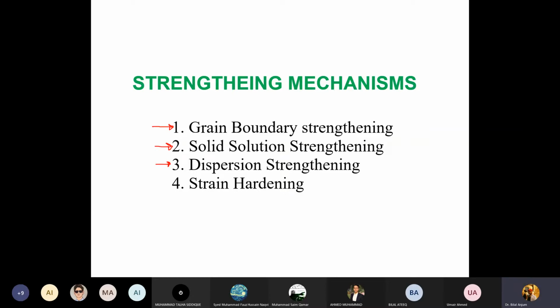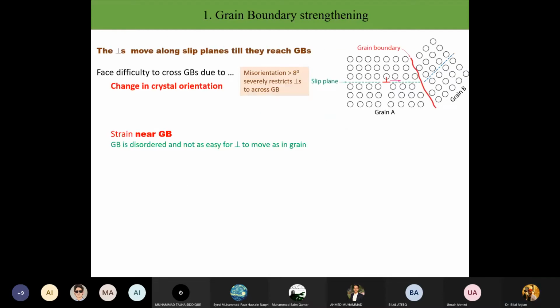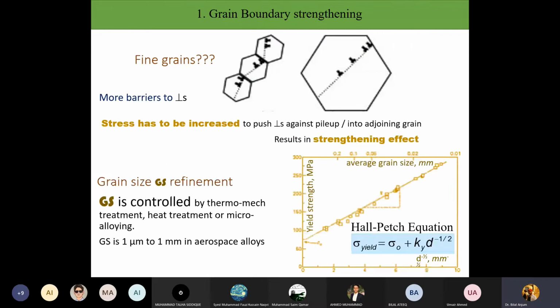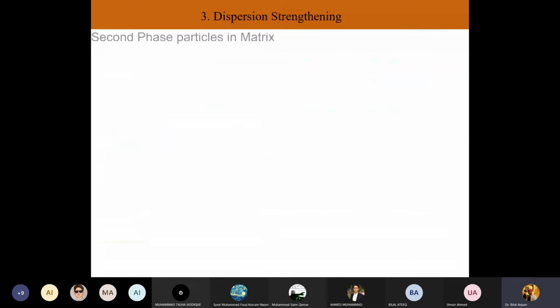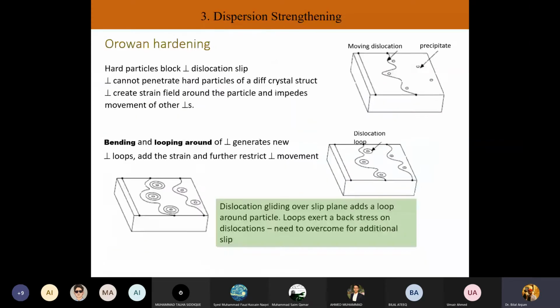So the fourth mechanism that we'll be looking at today is strain hardening. We'll first look into how strain hardening is achieved. How do you strain harden the material?